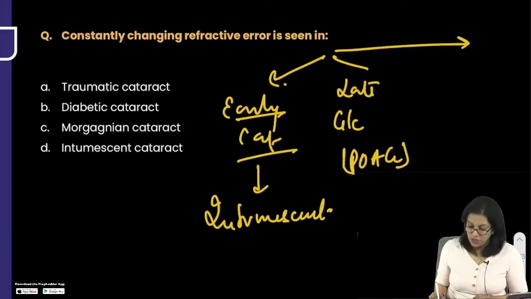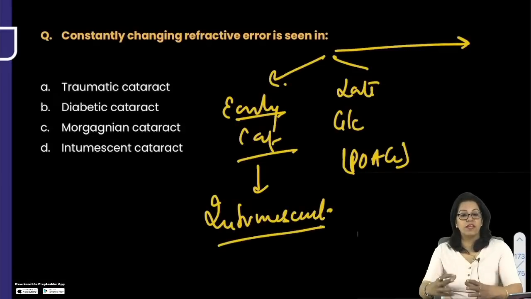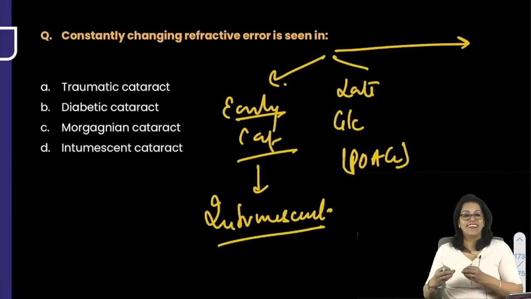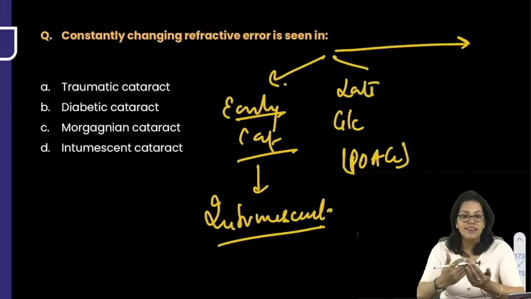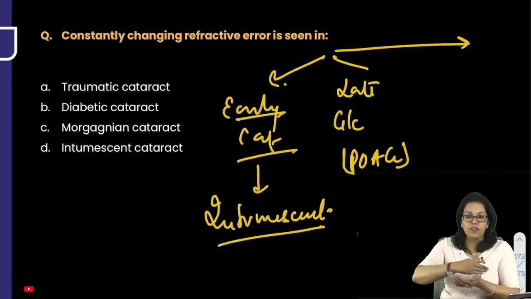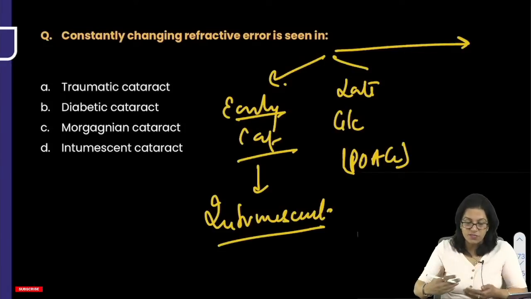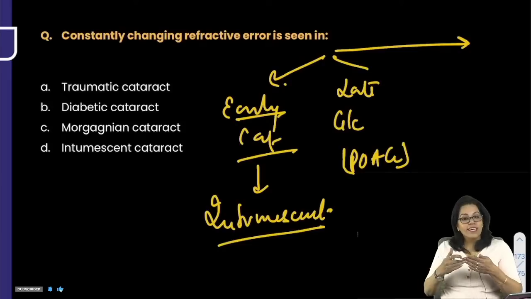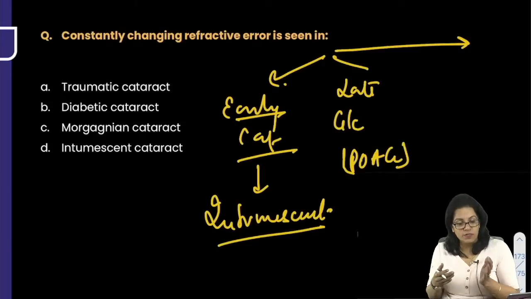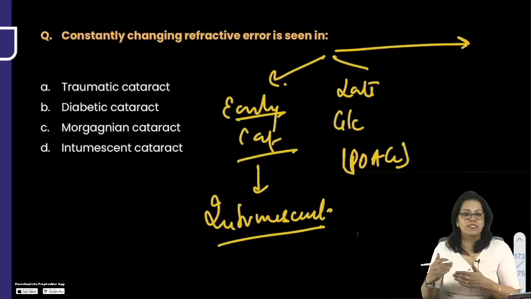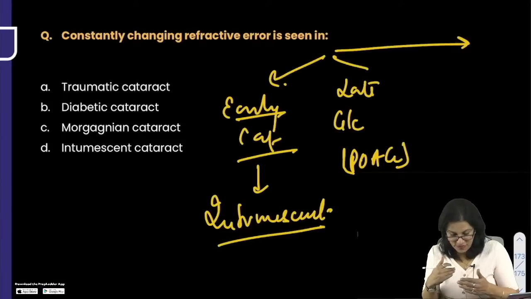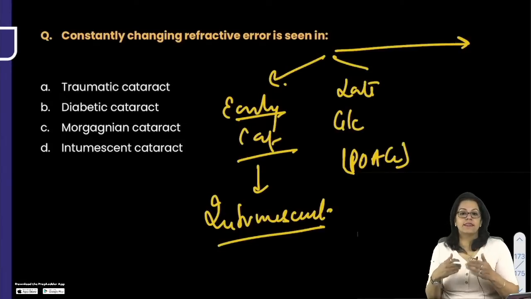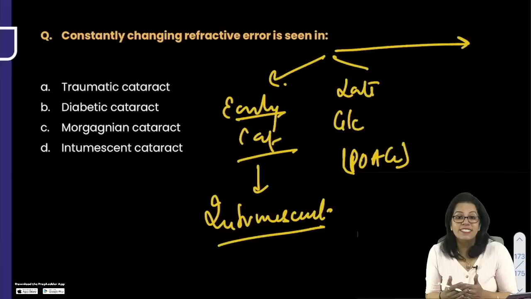In this stage, there is imbibition of water which can vary, sometimes less water, more water. When it is more water, the lens is swollen. More swelling, more curvature means more power, that means towards myopia. And when there is less water, less curvature, it goes towards lesser power. So this change of refractive status is frequent in the intumescent state.